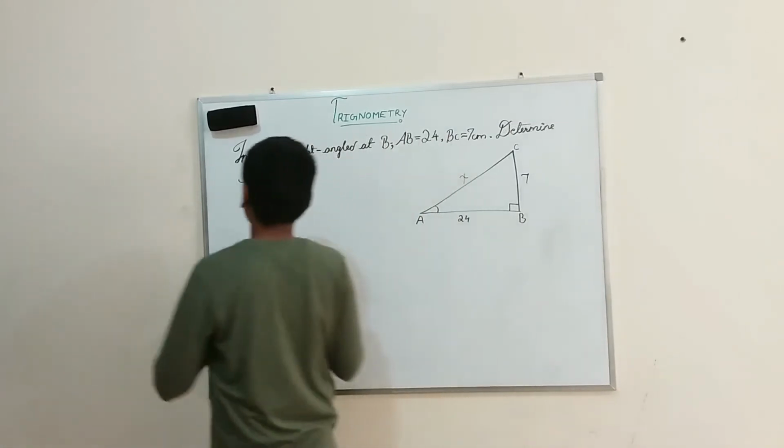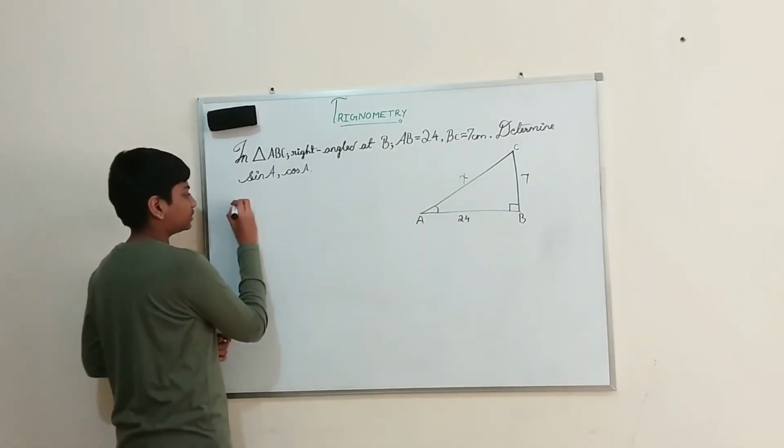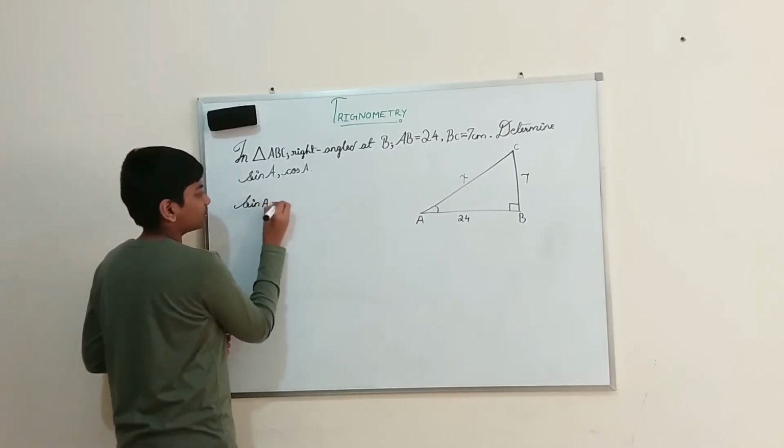So what is sine A equal to? Do you remember the ratios which you learned? The sine A is equal to opposite to angle A by hypotenuse.